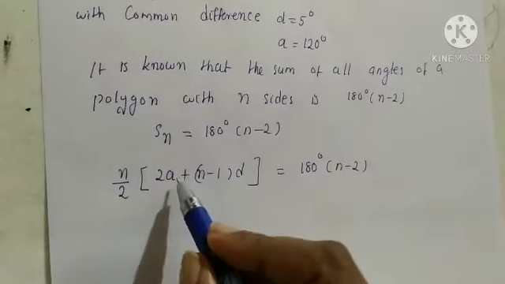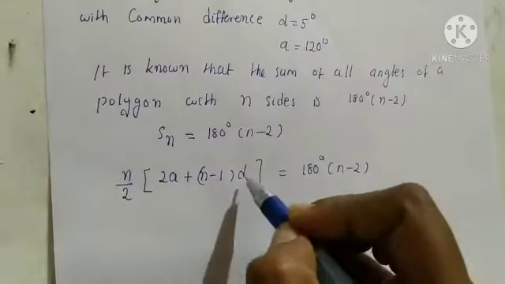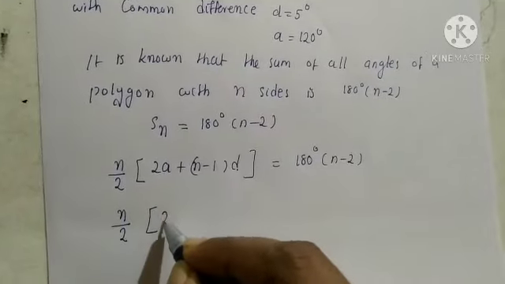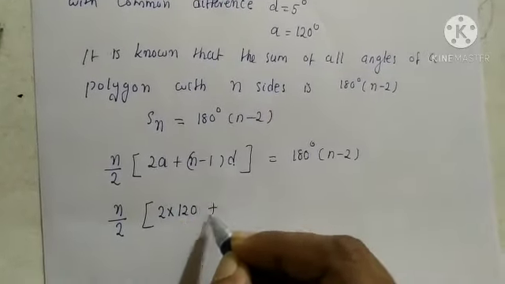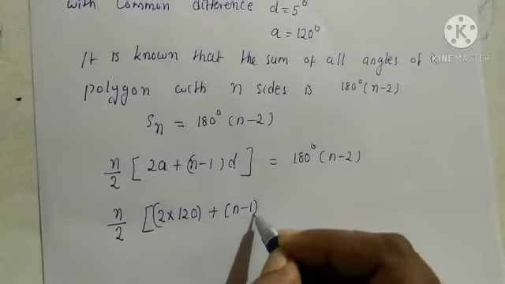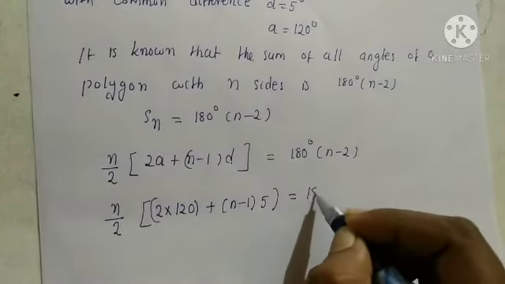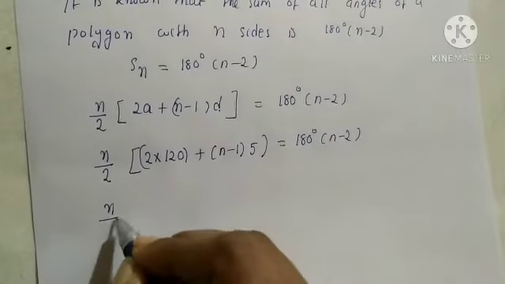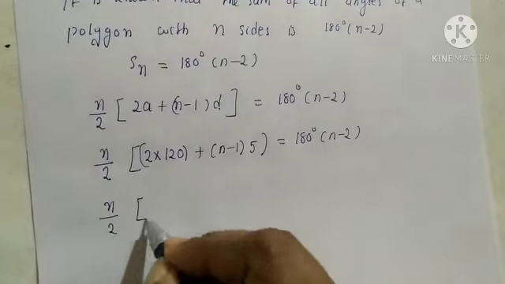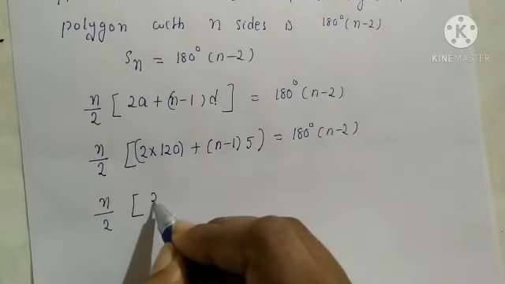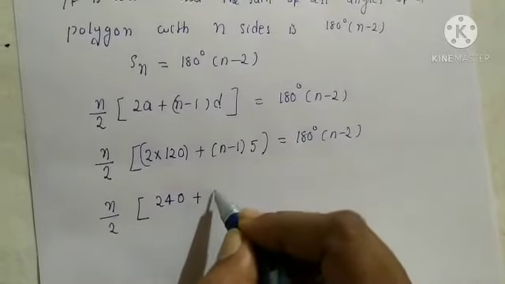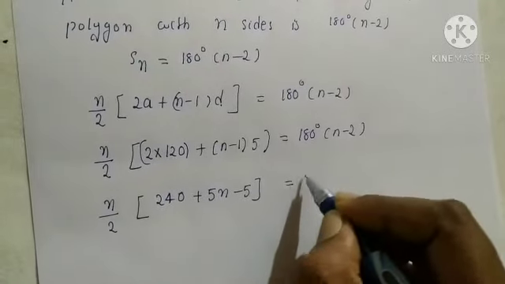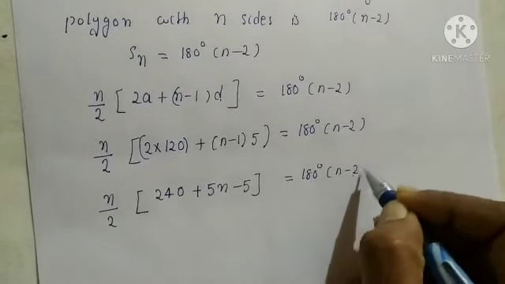Here, replacing the value of a by 120 and d by 5, the LHS will become n by 2 into 2 into 120 plus n minus 1 into 5, equal to 180 degrees into n minus 2. This is further equal to n by 2 into 240 plus, opening this bracket, 5n minus 5, equal to 180 into n minus 2.